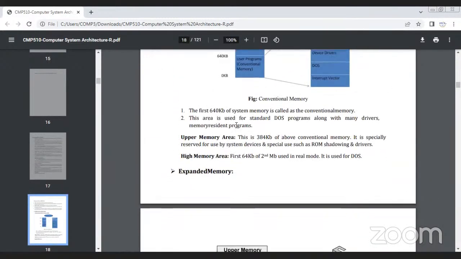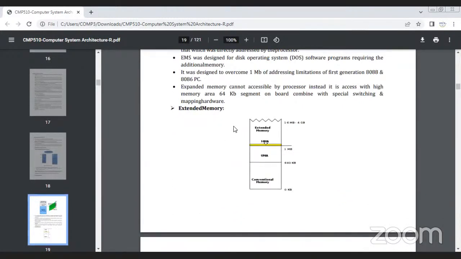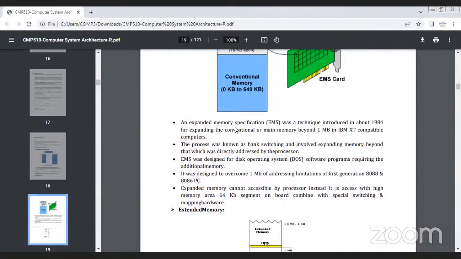Okay, the next part is logical memory. Basically, in a computer system there are two types of memory: primary memory and secondary memory. The primary memory is again divided into two parts: RAM and ROM. ROM means read-only memory. RAM is also known as main memory or random access memory.